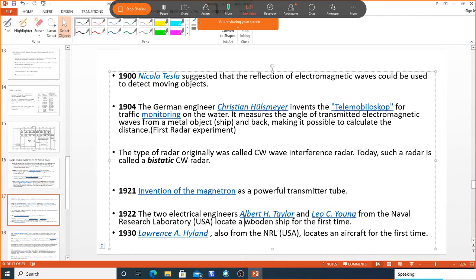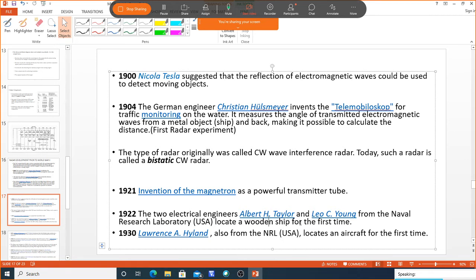This wooden ship acted as a target or obstacle, and they detected it from a large distance. This was one of the best obstacles or targets to design with, and they worked from this lab, the Naval Research Laboratory.